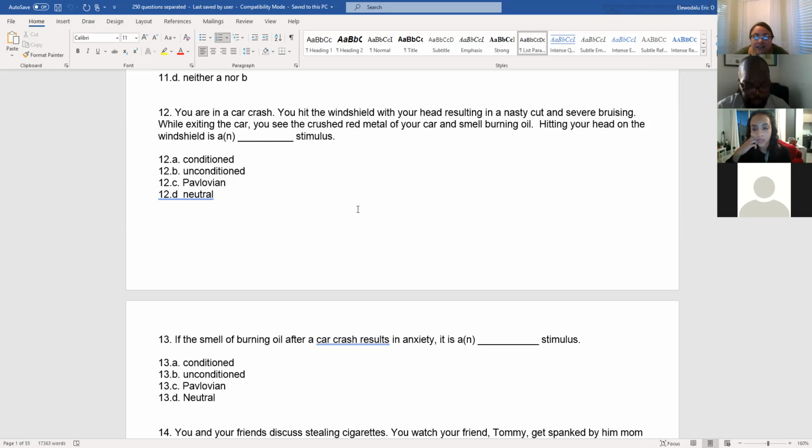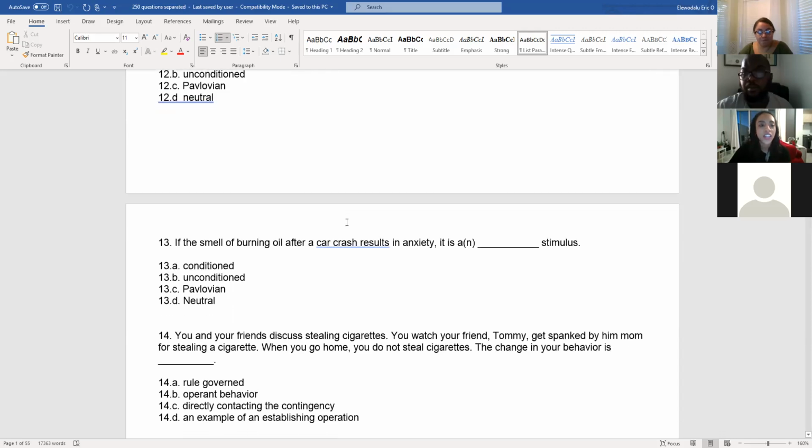Number 12. Is it saying hitting your head was the reflex, the unconditioned response? Yeah, that's what I was thinking. You didn't have control of that. You're right. The explanation says blunt force trauma will result in injury and reflexive behavior that requires no prior learning. So that would be a B.